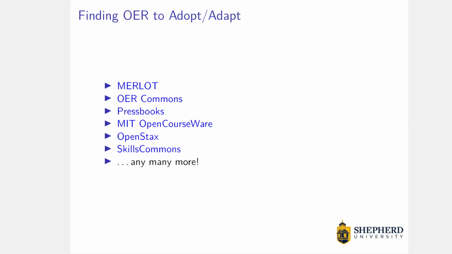Look at both. Pressbooks is interesting. This is a platform for publishing OER content. So if you're looking to create something or remix something, and you don't feel confident about using the software yourself, you would rather have someone's web version of that, Pressbooks might not be bad.